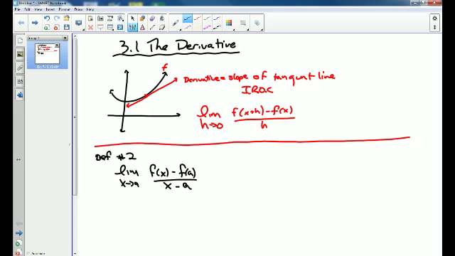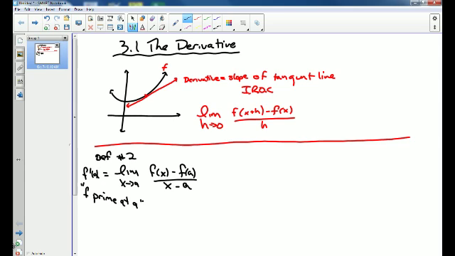I didn't show you this yesterday, but the notation for a derivative would be f prime at a. a is your x value. If it says compute f prime at 3, it means calculate the derivative.